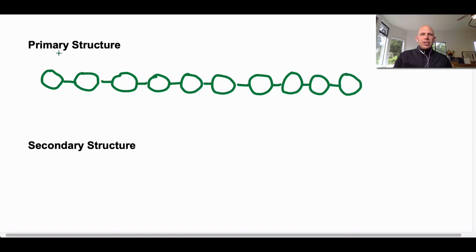These are all amino acids. We know that we have the N terminus over here and the C terminus over here, and that there is that peptide bond, that amide bond. So the primary structure just refers to the sequence of amino acids coded by the genes.